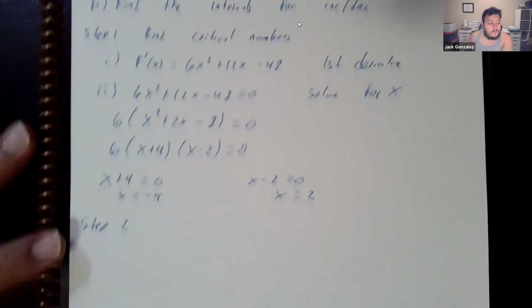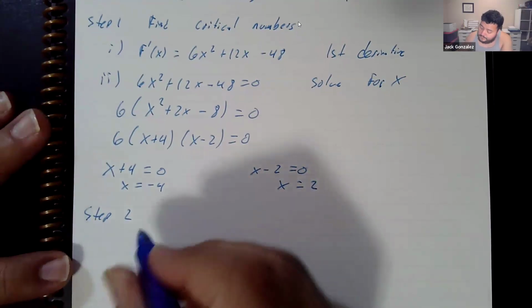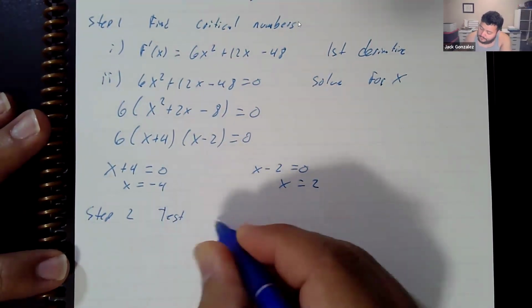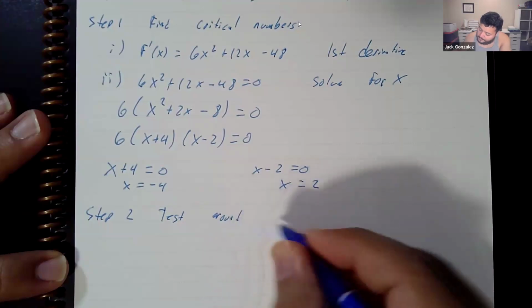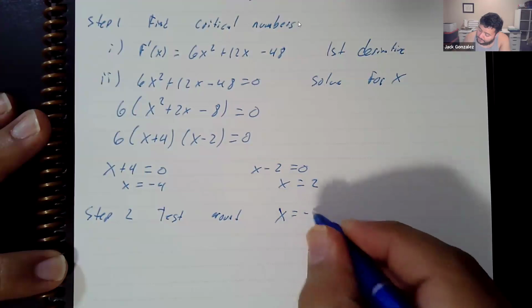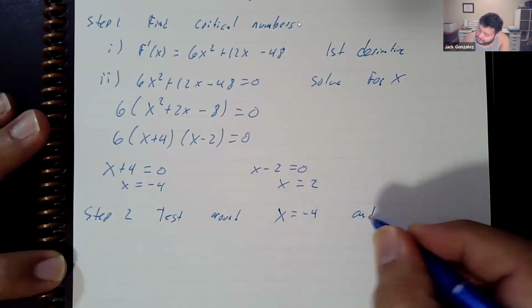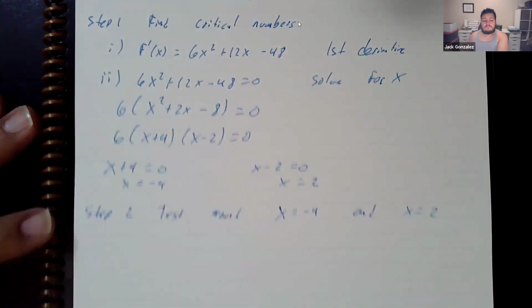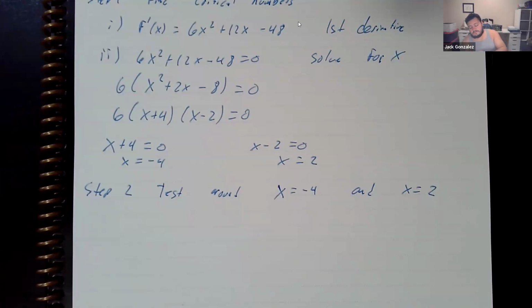So we will test around these two critical numbers, x equals -4 and x equals 2.